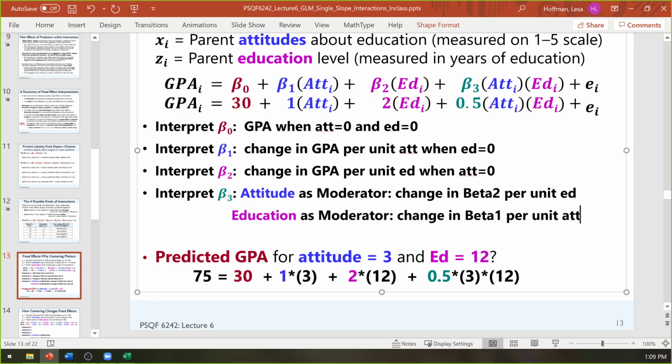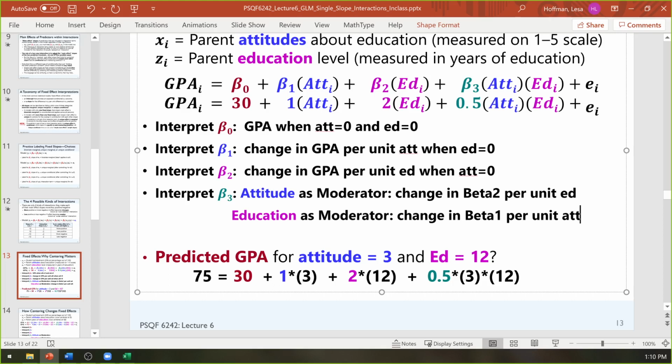So in practice, when you're fitting these models, odds are good that you have a research question that phrases one of the predictors in particular as the predictor, whereas the other is the moderator. For instance, in the camera use and class size example, the idea that camera use matters more in smaller classes, that phrasing says that camera use is the predictor and class size is the moderator.